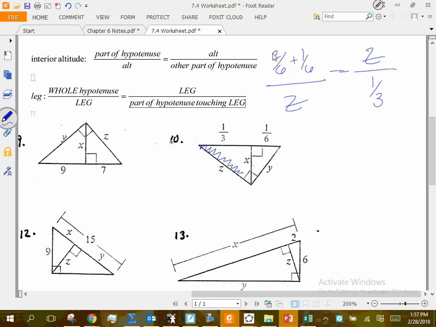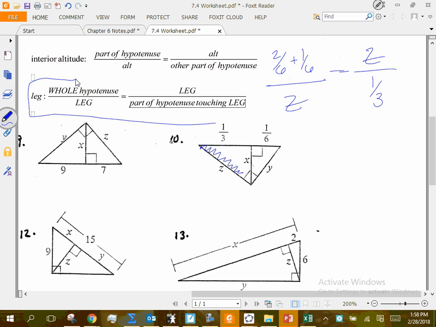Wait, so the one where we have to add it is that one where we have to add it at the top? That's when we're finding z. That's when the leg is the geometric mean, and then the hypotenuse added together. Now, the reason we did this 1/3 plus 1/6 up here is because we're focusing on a leg, right?